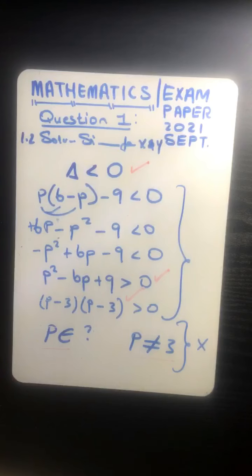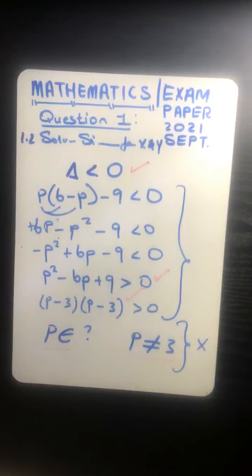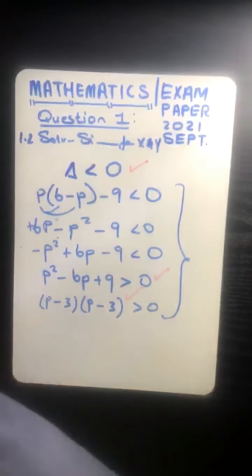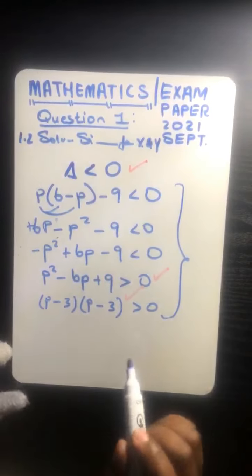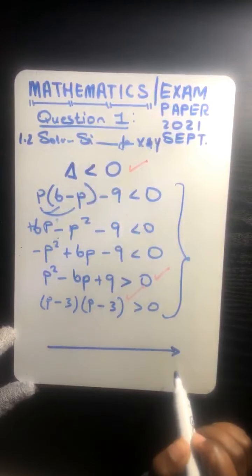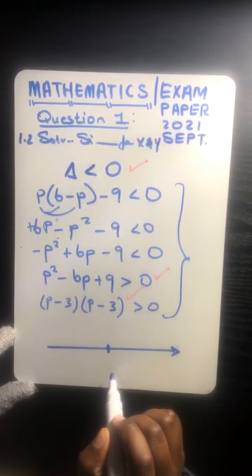So the other thing that I'm not sure of is if we can use, not a table, but to represent it on a number line. Because if I had to do that, I was going to have a number line there, and then from there I know what I'm having there.